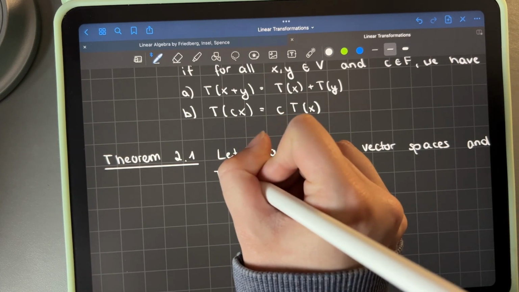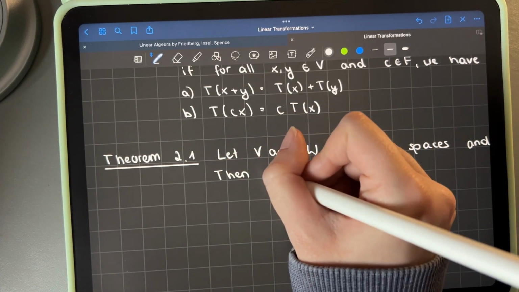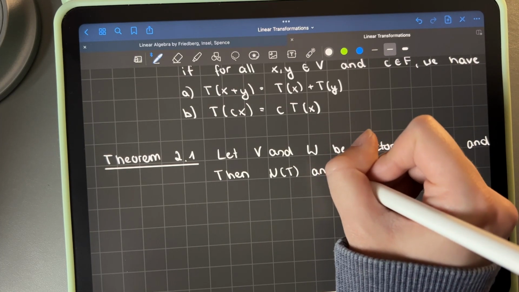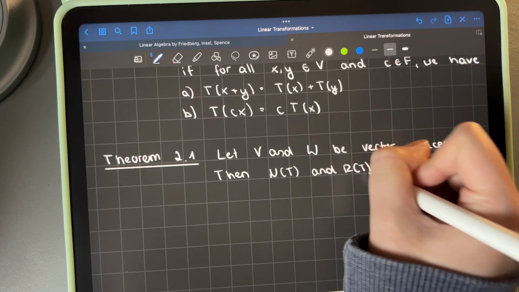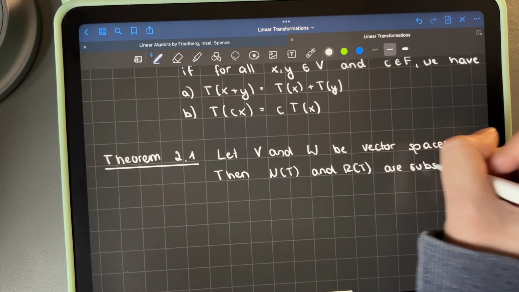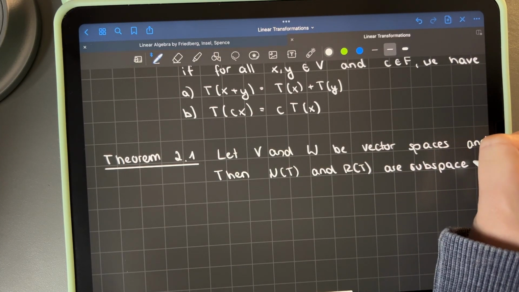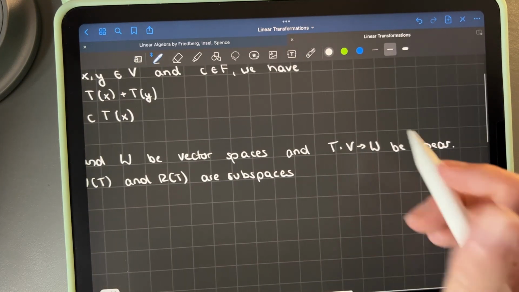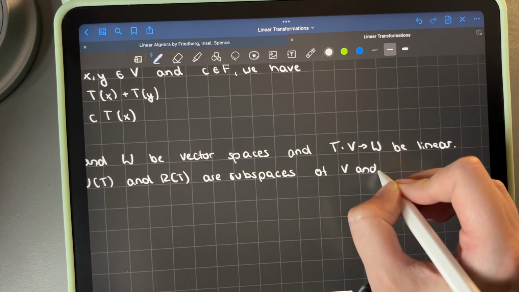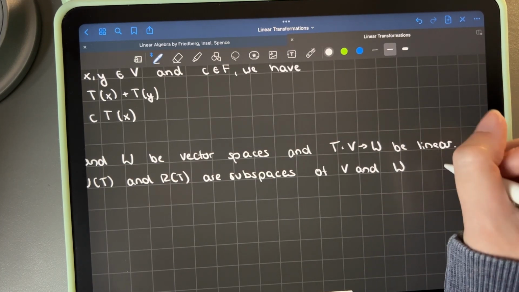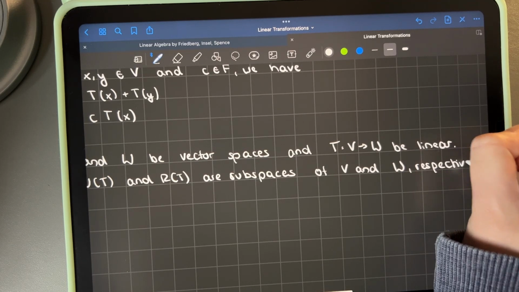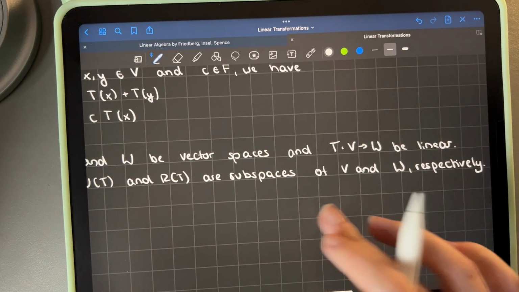Then N(T) and R(T) are subspaces of V and W respectively.